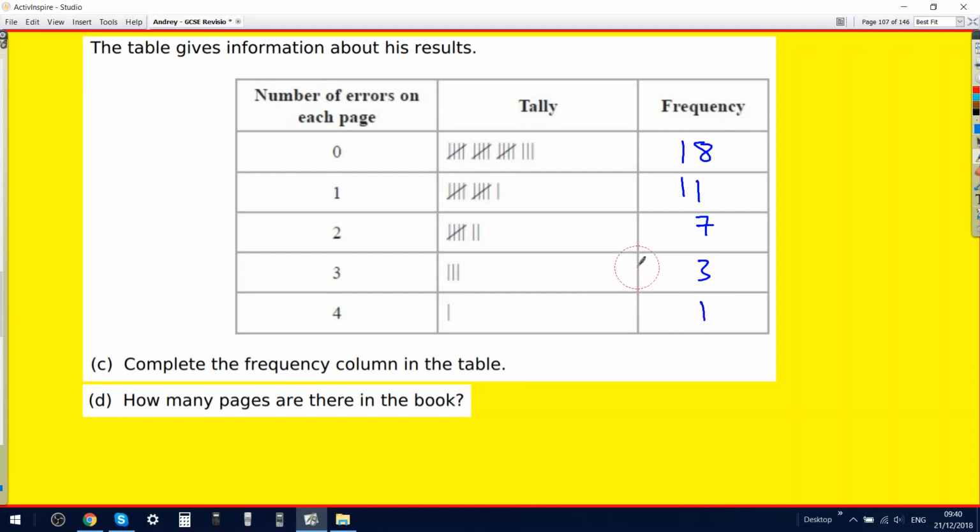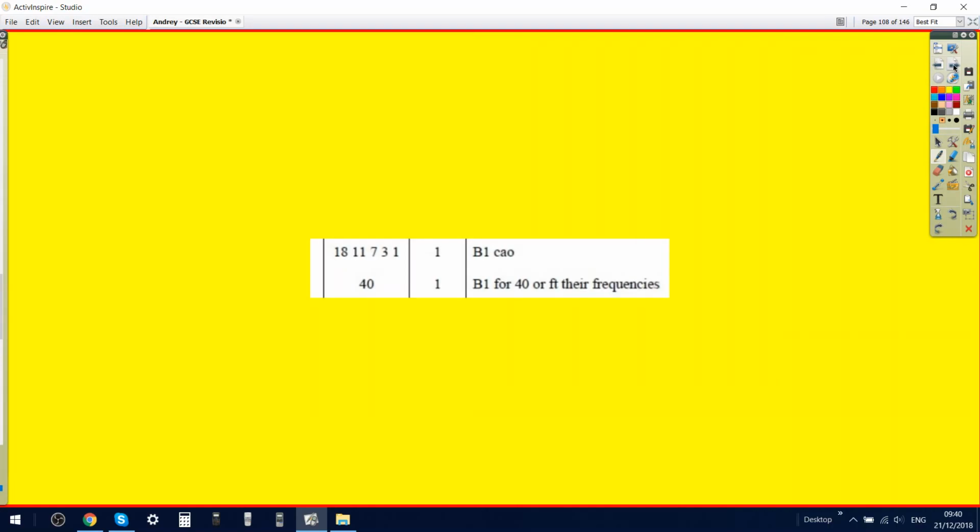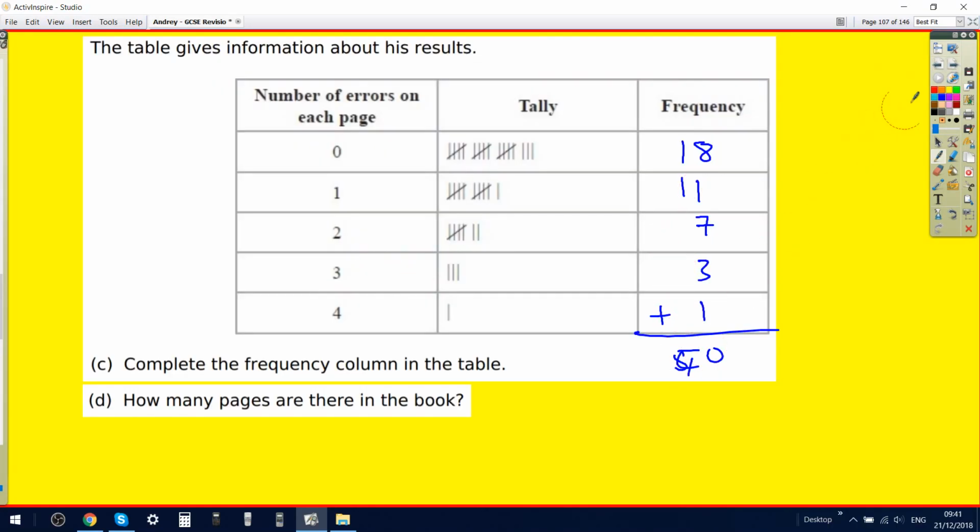And then do I just need to add up all the frequency and then that'll tell me? Yeah, that's it. I think it's 50. Just checking that that's what you have to do. Oh, it was 40. There you go. Okay.